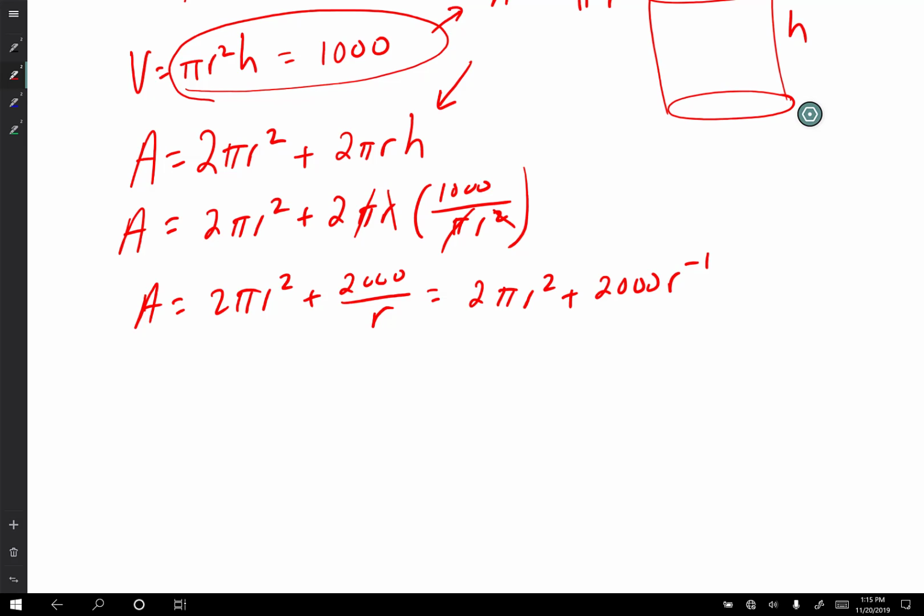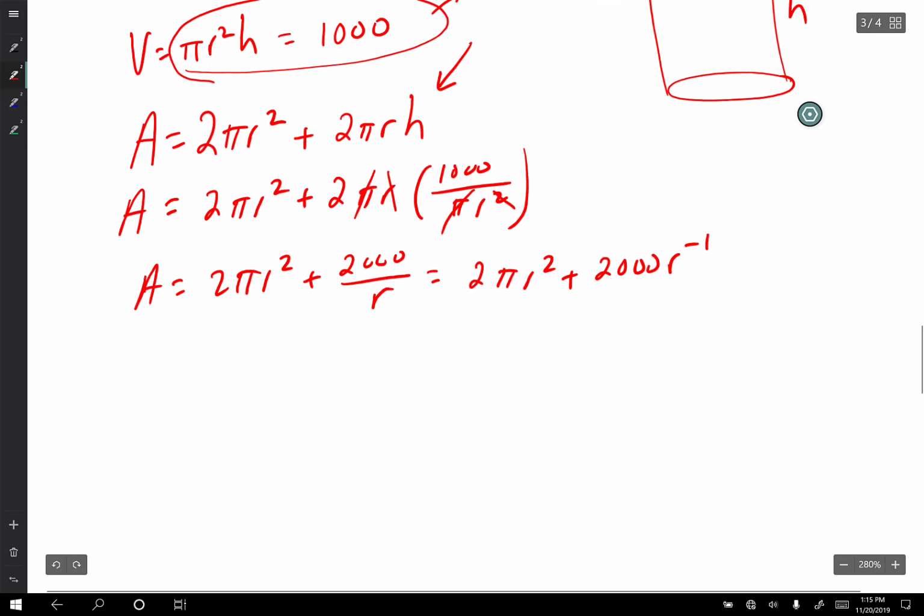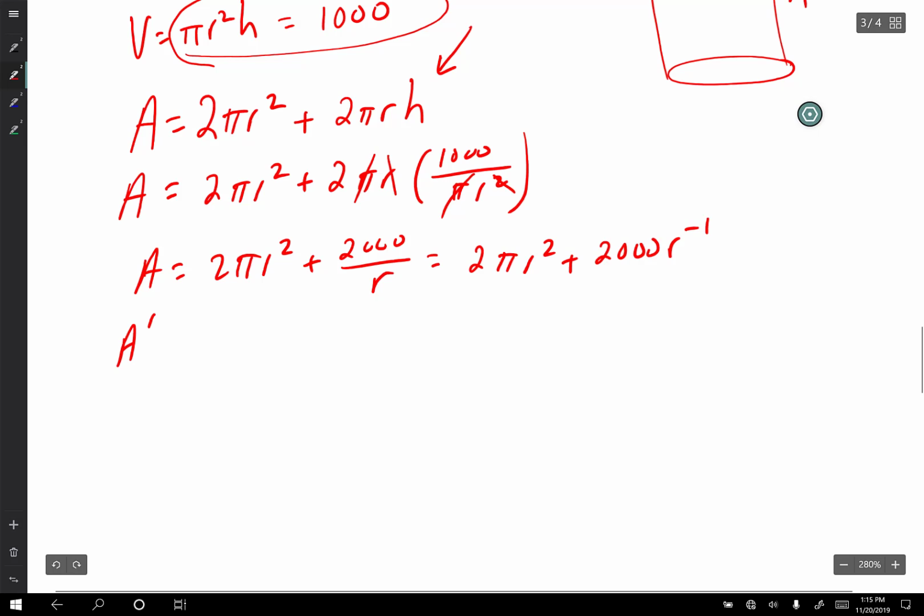Since area is what I'm trying to minimize, I'm going to take a derivative. So here we go. A prime equals, the derivative of 2 pi r squared is 4 pi r. And then plus, or I guess minus now, 2,000 r to the negative 2. I'm going to find my critical number, so this is what I'm going to set equal to 0.